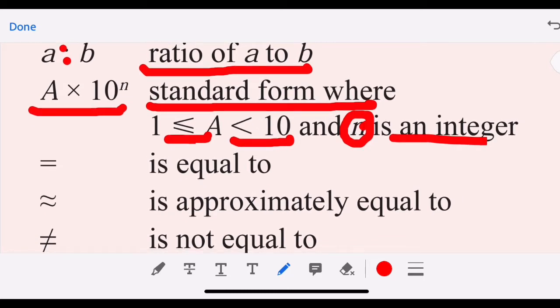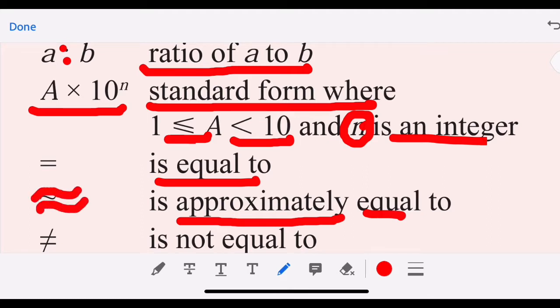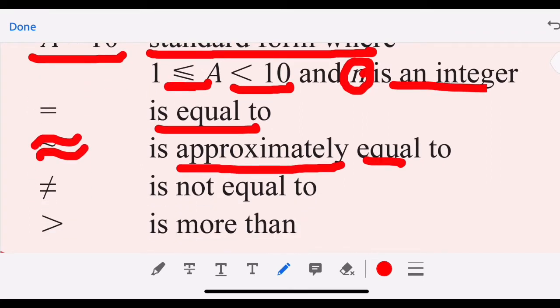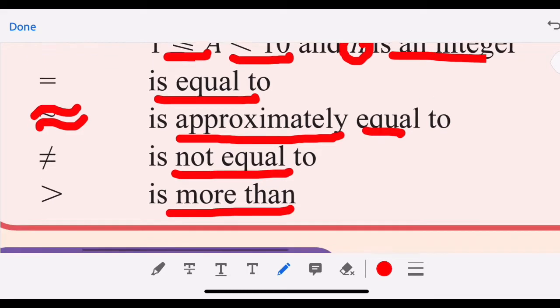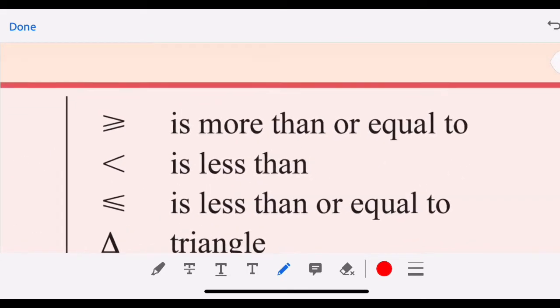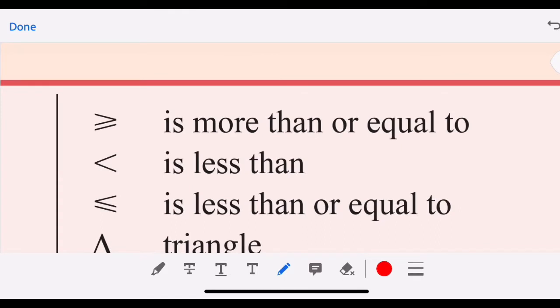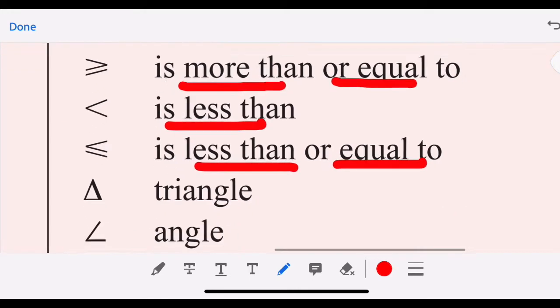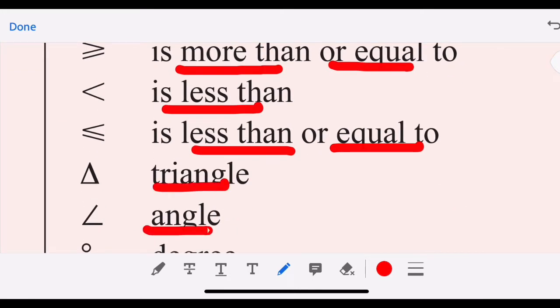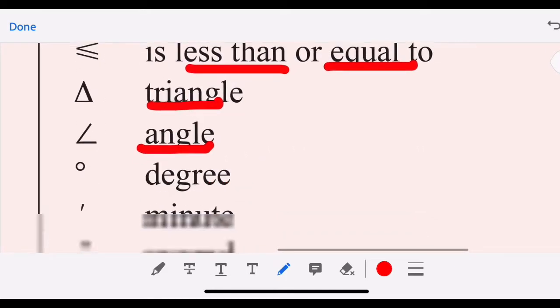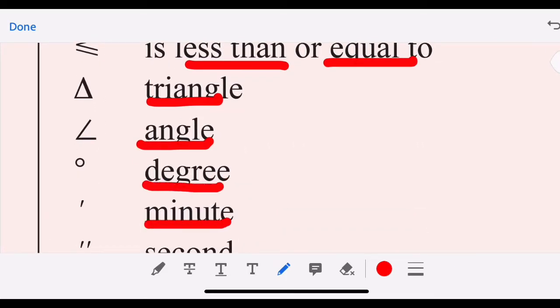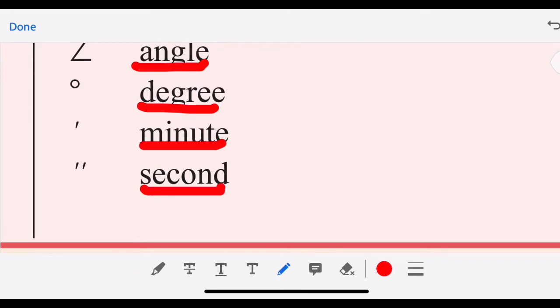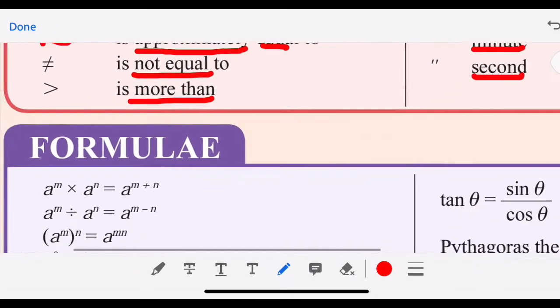So this symbol is equal to, this is approximately equal to, this is not equal to, this is more than, this is more than or equal to, less than or equal to, triangle, angle, degree, minutes, and seconds, right? So these are the basic symbols.